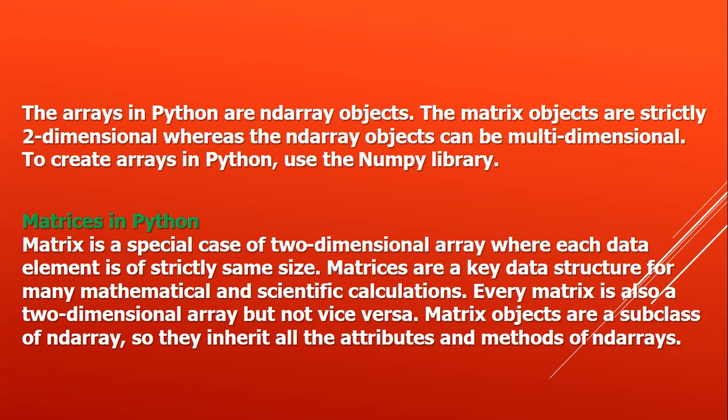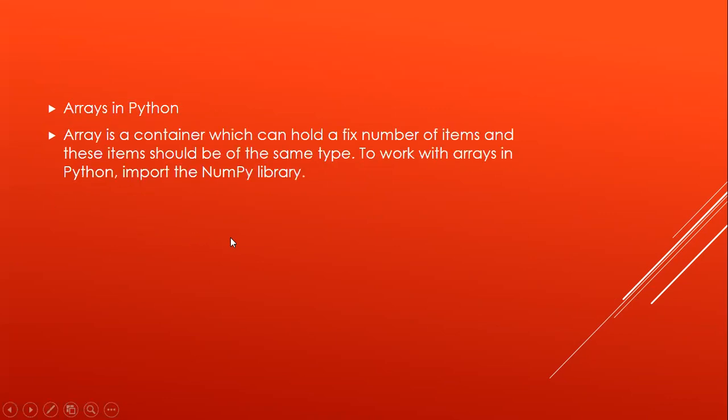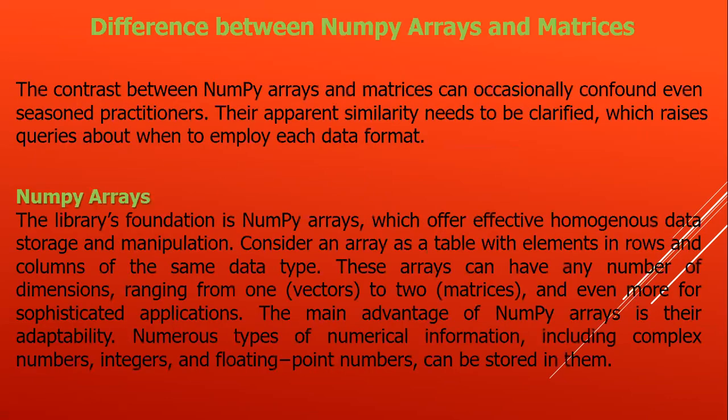Matrix objects are a subclass of ndarray, so they inherit all the attributes and methods of ndarrays. This is the example for matrices: from NumPy import, create a matrix and then display it. Arrays in Python are a single dimension.